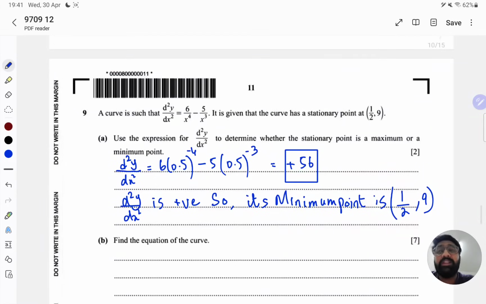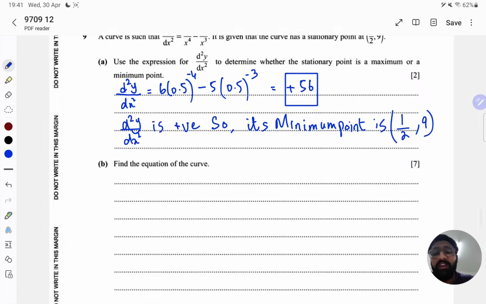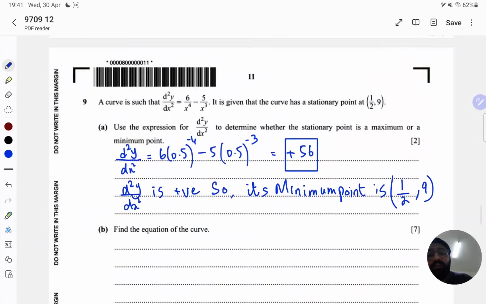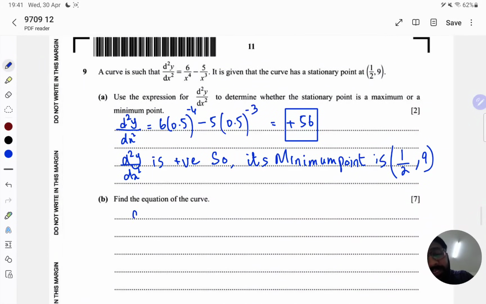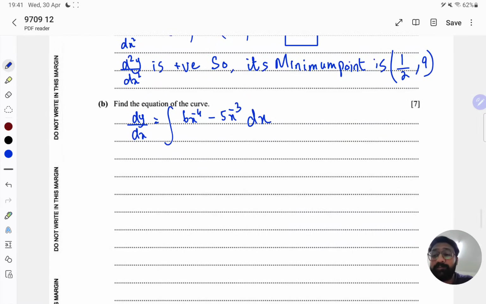I hope you remember that from the double derivative, going back to the equation, we need to do integration. So if I do the integration one step back, it will be dy by dx, and we need to integrate 6x^-4 - 5x^-3 dx.